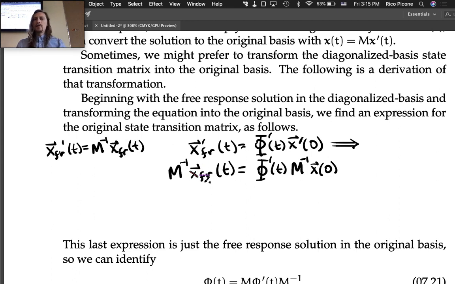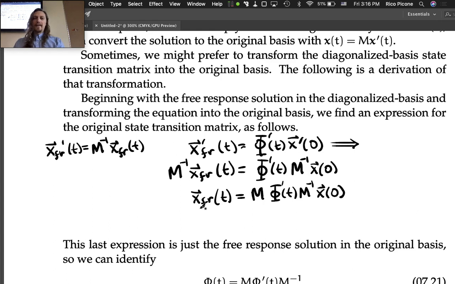Now if I solve for x free on this left-hand side, I get the free response in the unprimed coordinates, but I have the phi prime in there still. Now we're getting somewhere. If I left multiply by m, we get x free of t equal to m phi prime of t, m inverse x of 0.